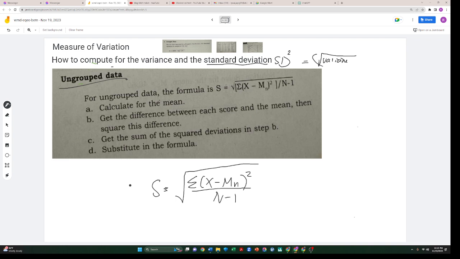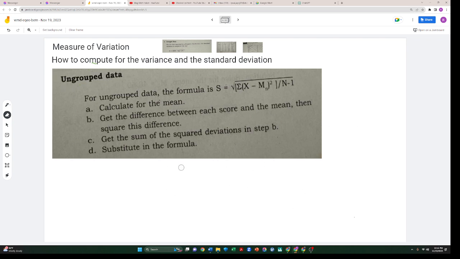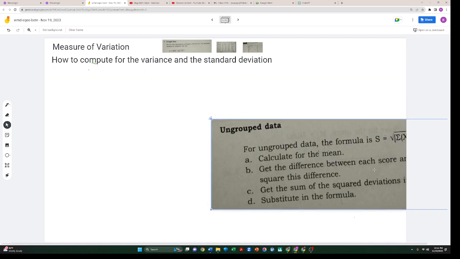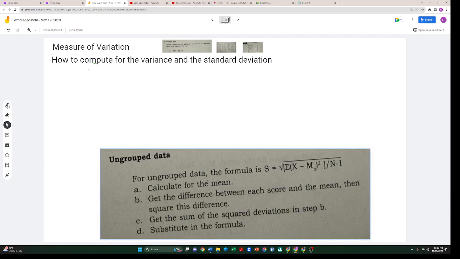I will erase this so it is clearer, so we can solve. Again, the formula: S is equal to the square root of the summation of X, which is the scores, minus the mean, squared, all over n minus 1.